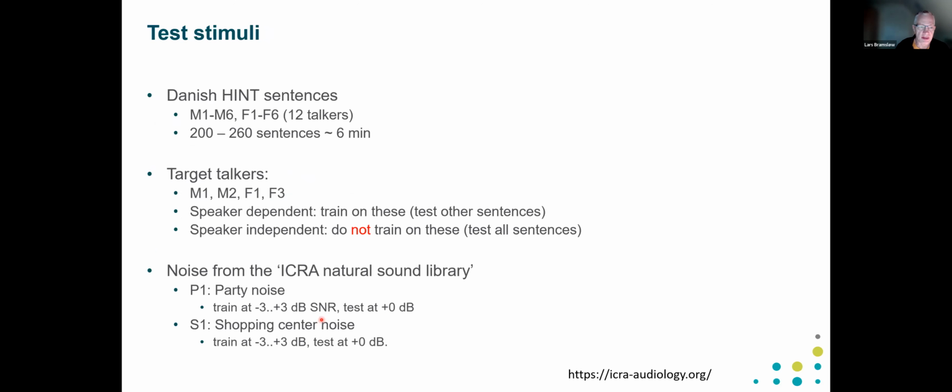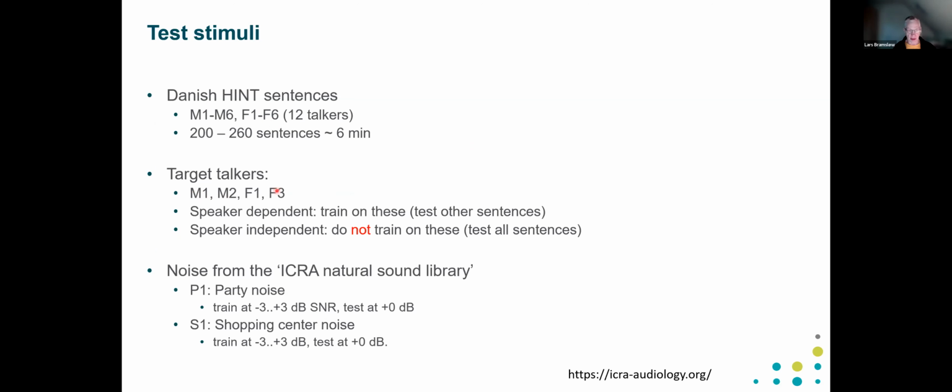So here the corpus was similar to what you heard before, the sentence corpus, but now we had 6 males and 6 females, so 12 talkers all in all. And we had between 200 and 260 sentences for each talker. That's equivalent to roughly 6 minutes of speech per talker.